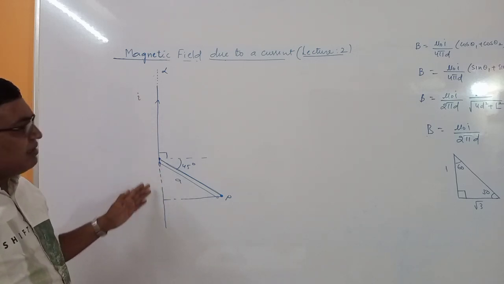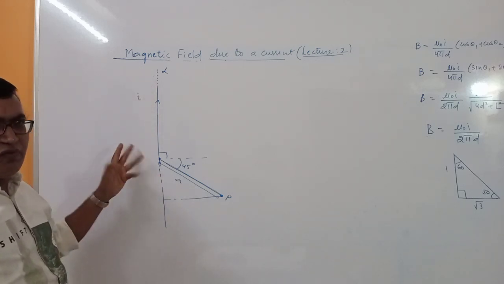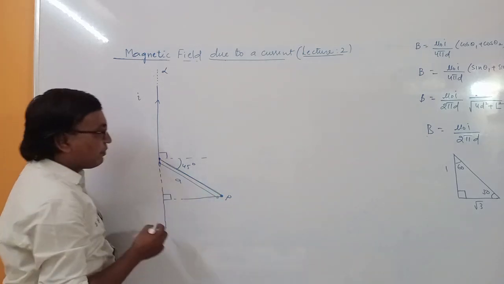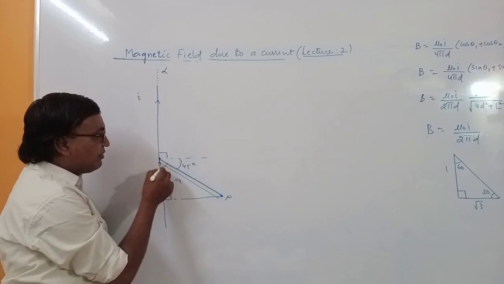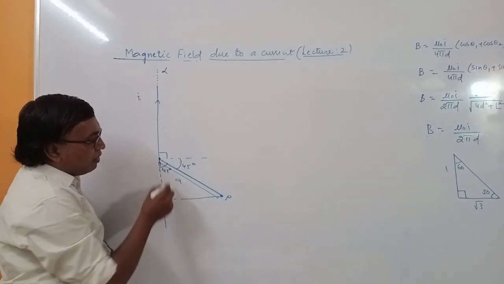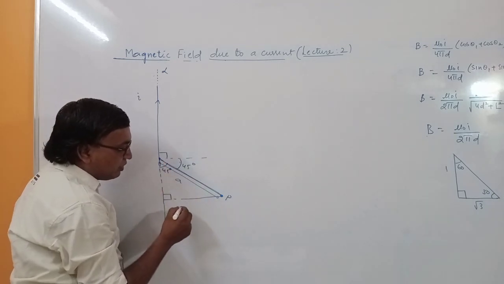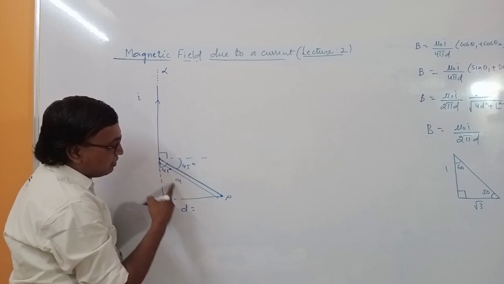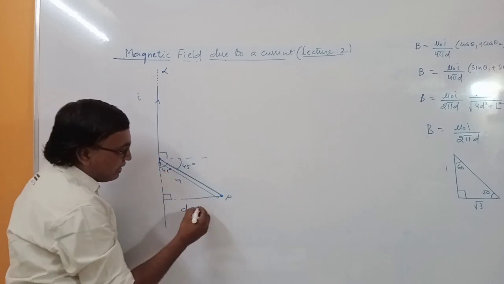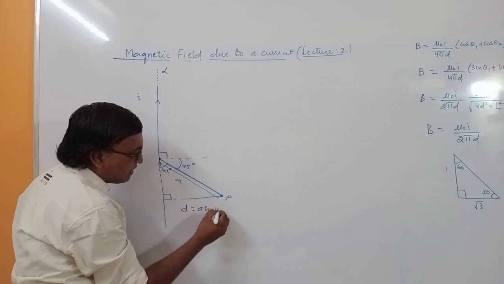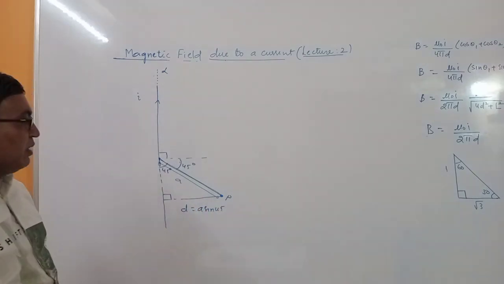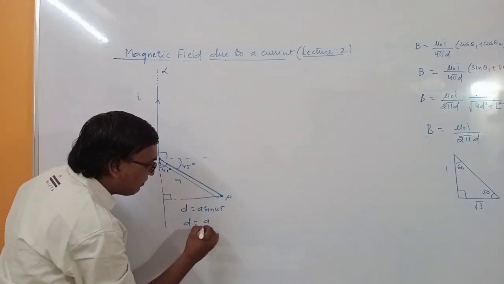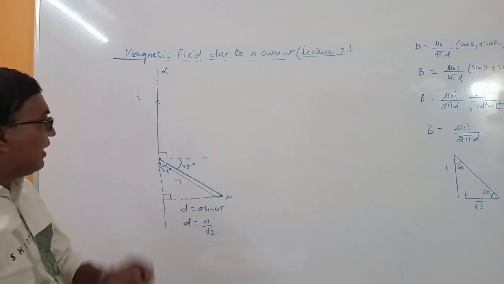To draw a perpendicular line you extend this side or that side; on one side you will get the perpendicular. So on this side we get the perpendicular. This is 45 degrees, which means this is also 45, and this length is A, so the value of d will be A, this is the opposite side, A sin 45. It's immaterial whether you take opposite or adjacent; for 45 degrees both are the same. So D will be equal to A by root 2. So you got this value.